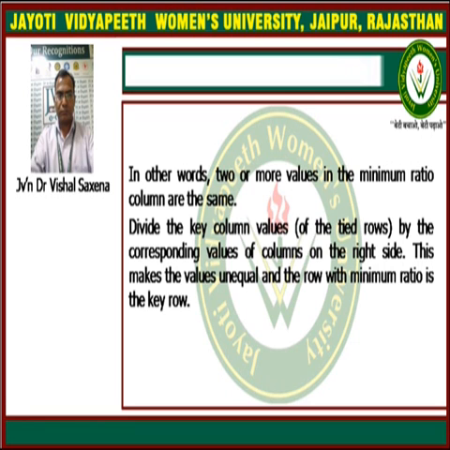Divide the key column values of the tied rows by the corresponding values of columns on the right side. This makes the values unequal and the row with minimum ratio is the key row. So in this way we can remove the degeneracy.